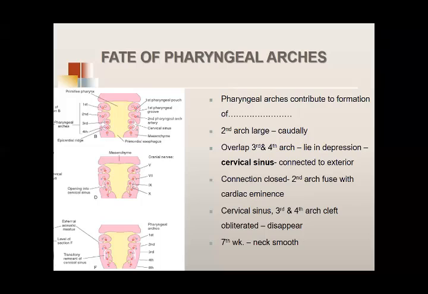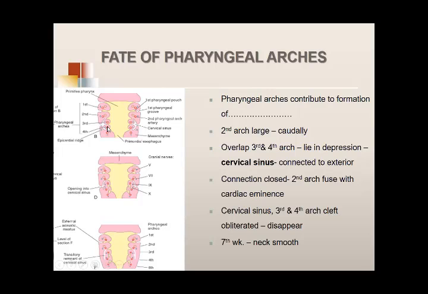Second को देख लीजिए, the second arch begins to grow caudally. ठीक है? In such a way that it overlaps the third and the fourth arch. Now, this second arch is growing down towards the cardiac eminence. यहाँ पे ये cardiac eminence है. This is the fourth arch.